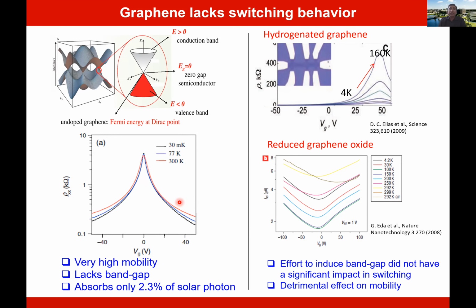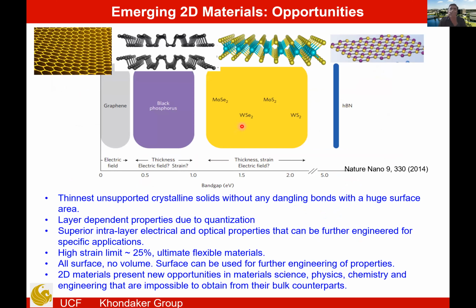Okay, so now graphene, as I mentioned, has this special property where in the z direction, in the vertical direction, they have weak van der Waals interaction, and that's why you can isolate an individual layer of graphene very easily. It turns out after the discovery of graphene, people started to think, what are the other... So graphene is called a layered material because the individual layers are put together by weak van der Waals interaction.